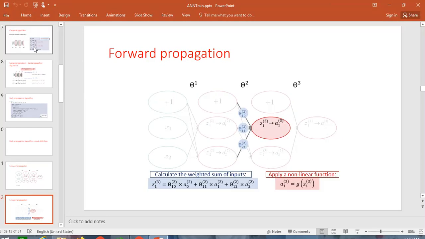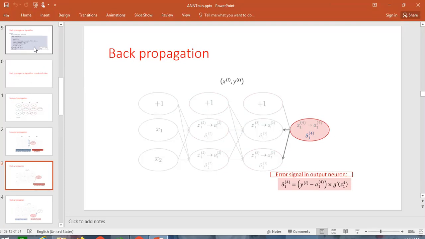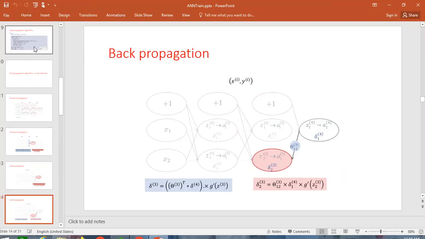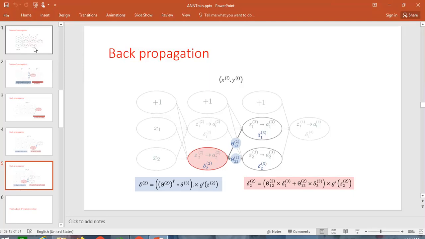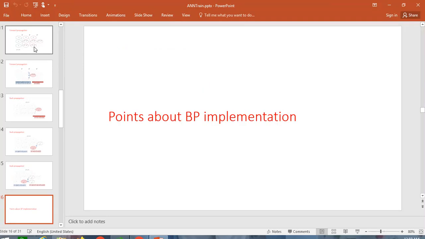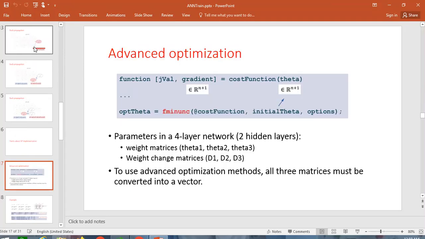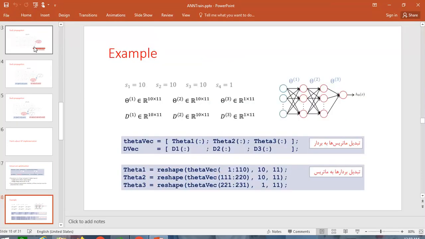In mathematics, the definition of the derivative is for a one-dimensional function, something that you have seen during the years of studying mathematics. What we do is apply the formula.